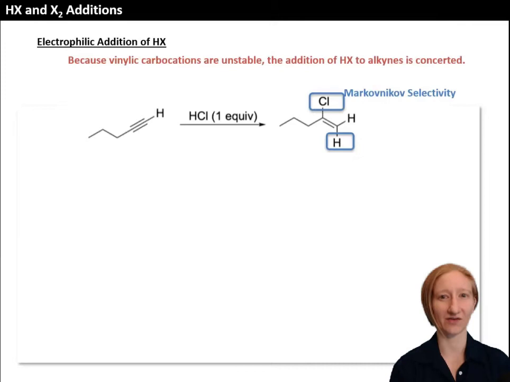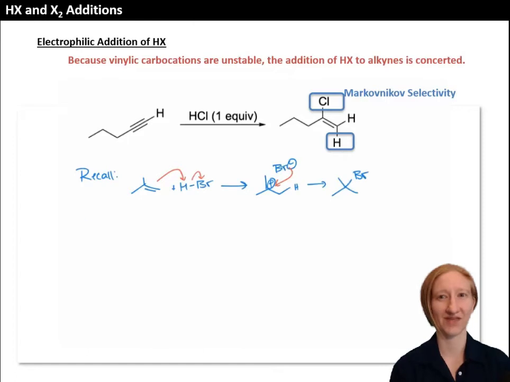Now, in the case of alkenes, the reactions with HX proceed through a carbocation intermediate that forms from the nucleophilic attack of the alkene on the acidic proton of the acid. If we imagine a similar pathway for alkynes, we would form a carbocation on the resulting alkene carbon.